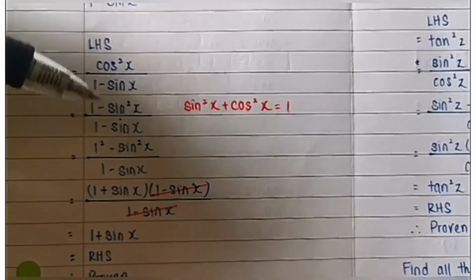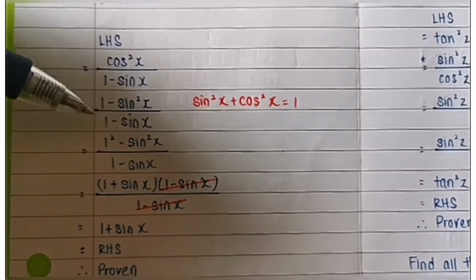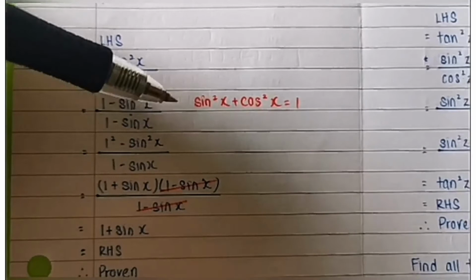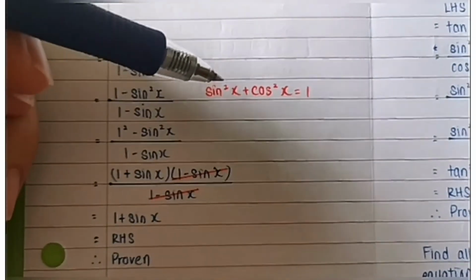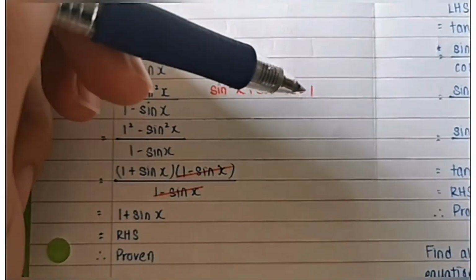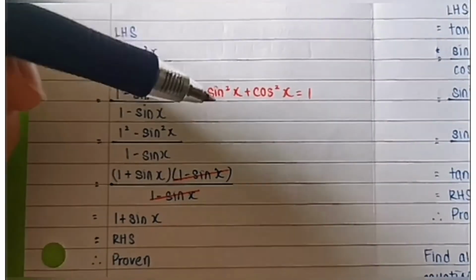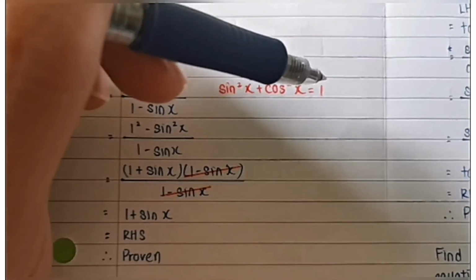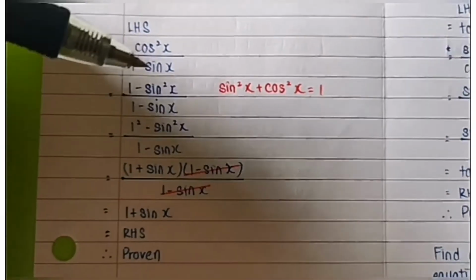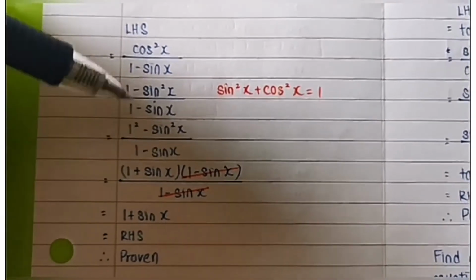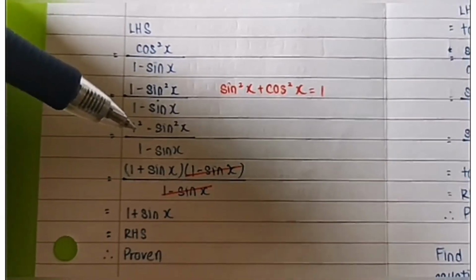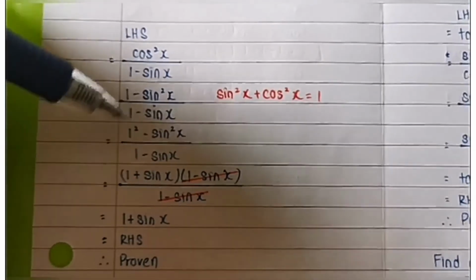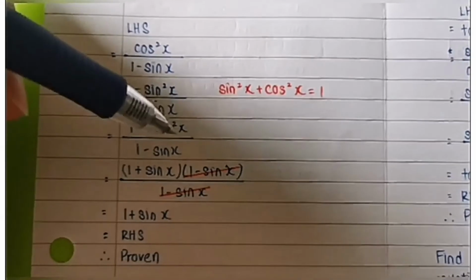So cosine square x, you can actually make it become 1 minus sine square x, because sine square x plus cosine square x equals 1. If you bring the sine square x to the back, cosine square x equals 1 minus sine square x. So 1 minus sine square x is actually 1 square minus sine square x.